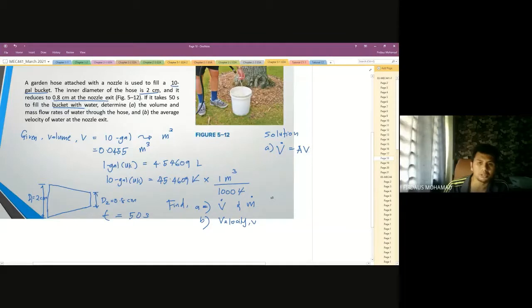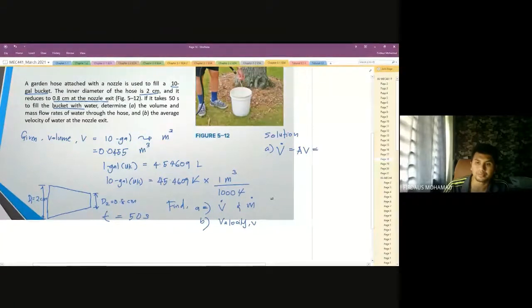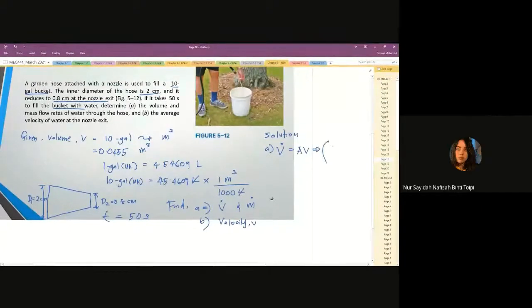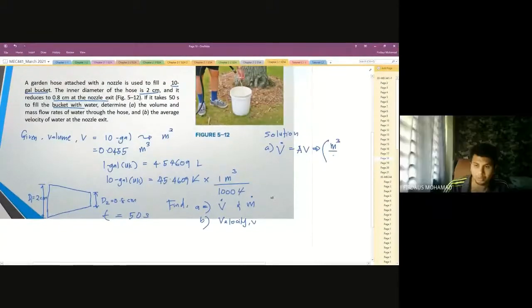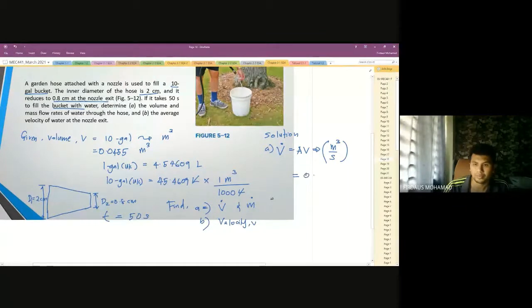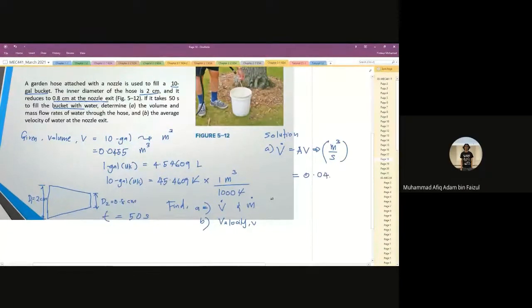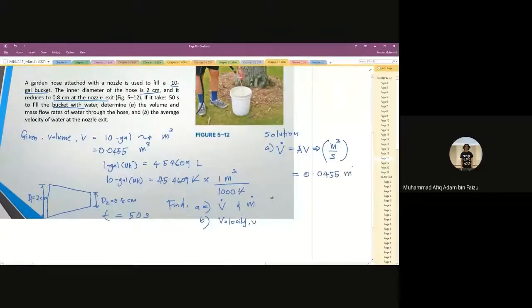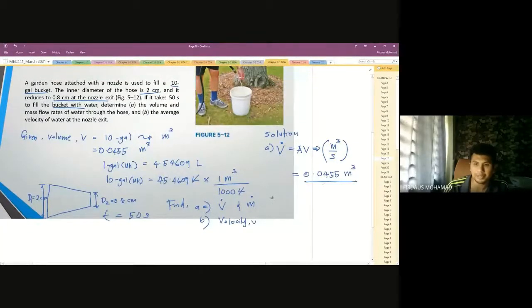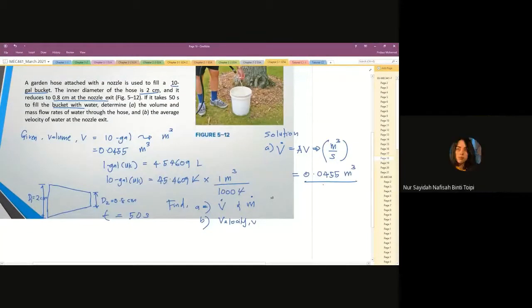But the velocity is not given anywhere in the question. But we know V dot has units of cubic meters over time, seconds. Do we have the cubic meters? Yes, 0.0455. Did they give the time? Yes, 50.